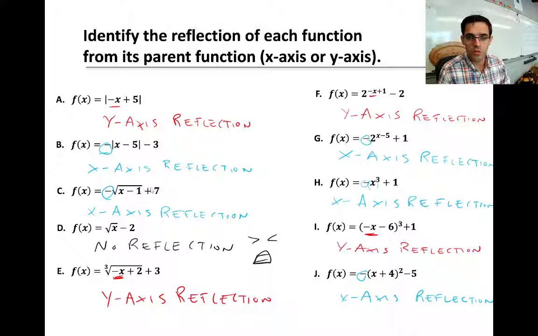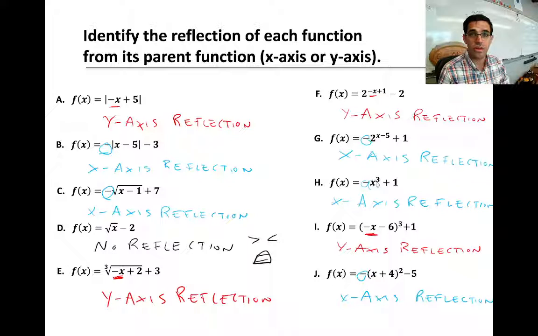Also notice example H. H is probably the most likely to get missed of these examples. It's kind of tricky. The reason is, it is an x-axis reflection, but it looks like there's no brackets here. At least the way it's written, there's no brackets. However, the x is to the power of 3.